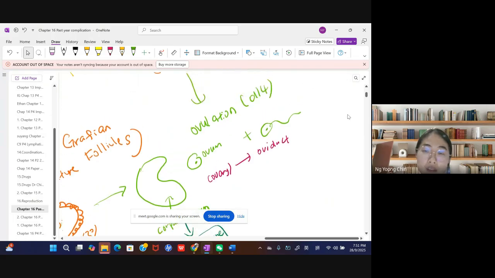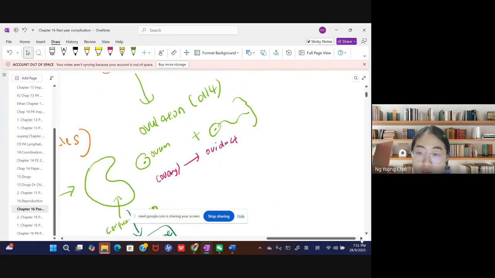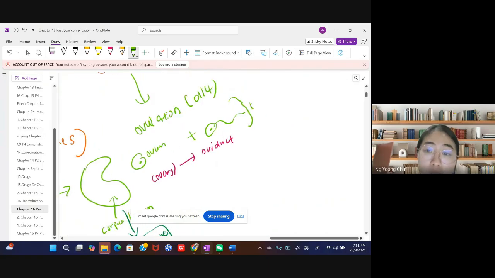Then they will do the fertilization, 受精. If fertilization is successful, it will cause the corpus luteum to still remain.